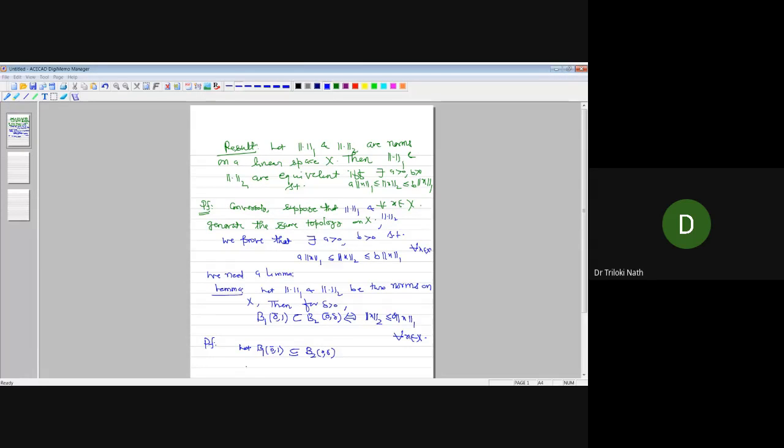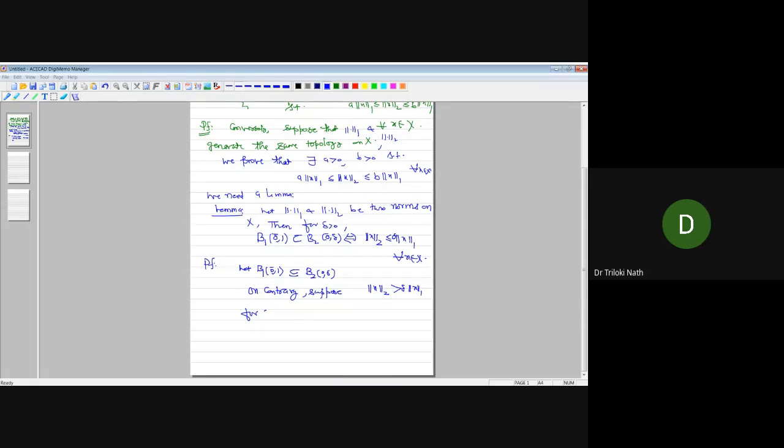On the contrary, suppose norm of x2 is bigger than delta norm x1 for some x in X. This implies that norm of x2 divided by norm of x1 is bigger than delta.